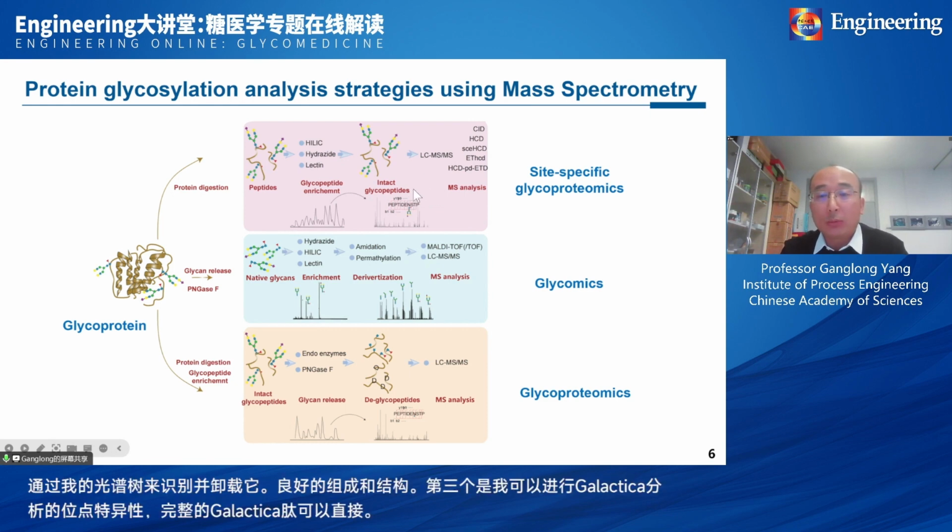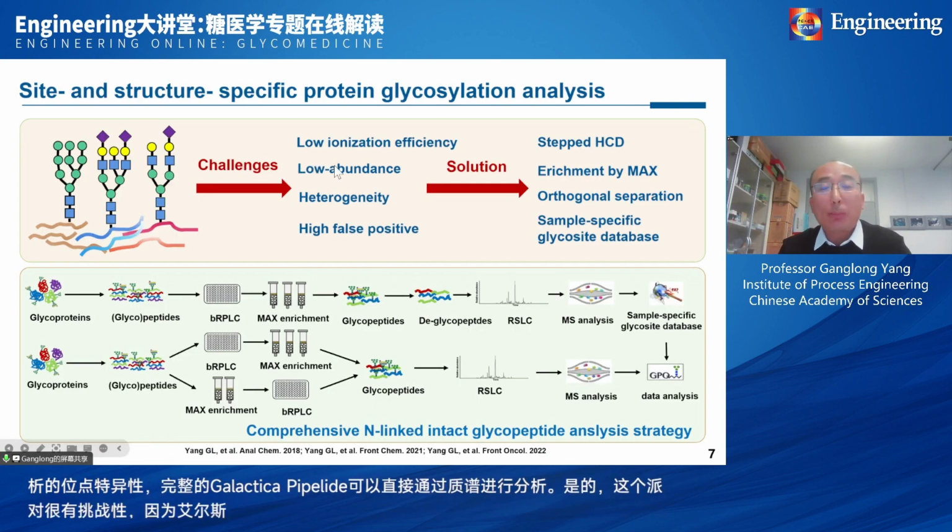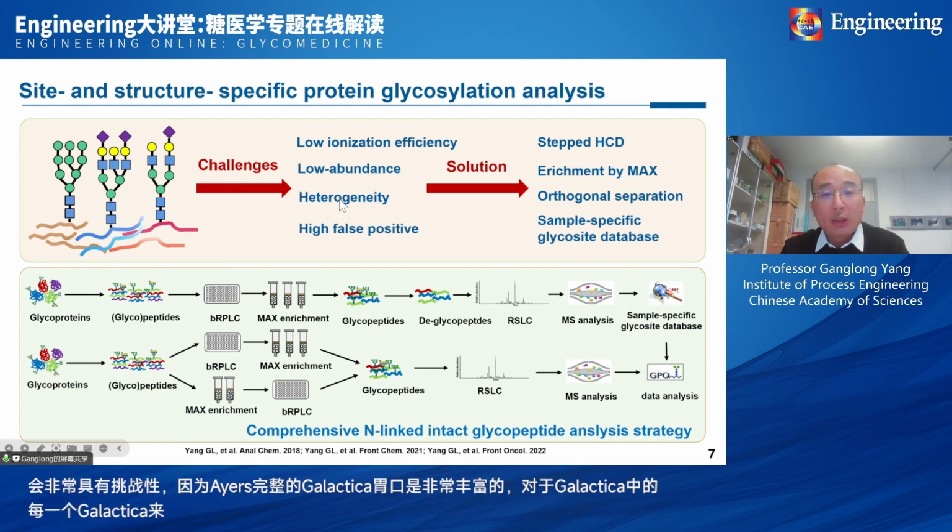This part is very challenging because the abundance of every intact glycopeptide is very low, and because of the isomers of the glycans, there is much heterogeneity, and in mass spectrometry the ionization efficiency is very low.